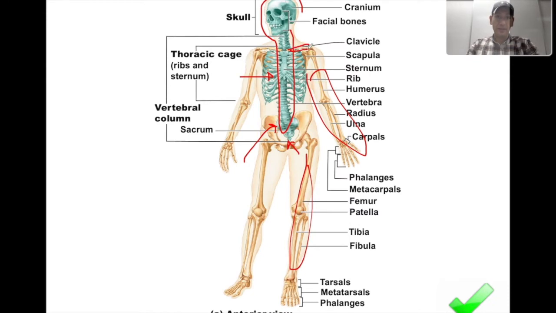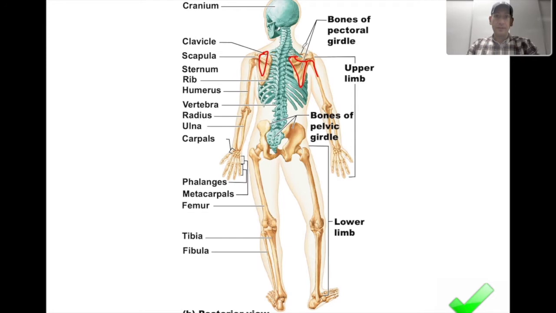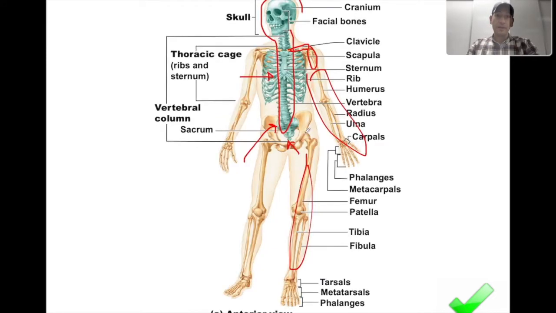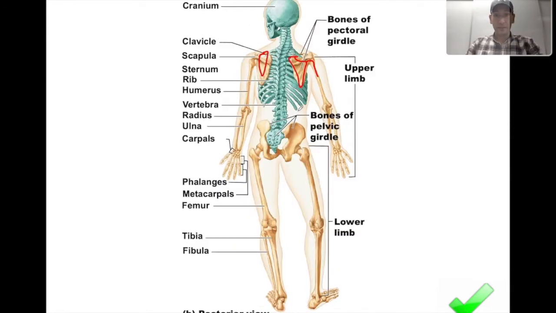And the clavicle is attached to the arm, so the clavicle is appendicular. The scapula is also appendicular. And as we know, the leg bone is appendicular. So again, the hip bone, the pelvis, is attached to the leg, and the leg is appendicular. And that makes the hip bone appendicular as well.